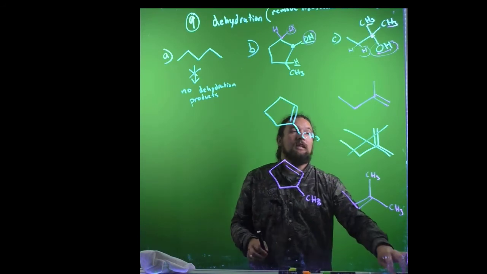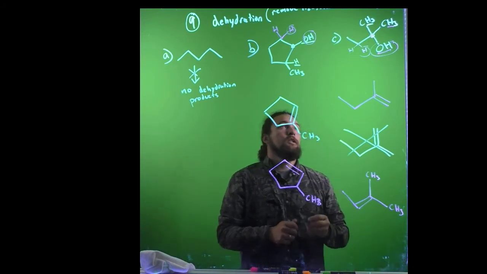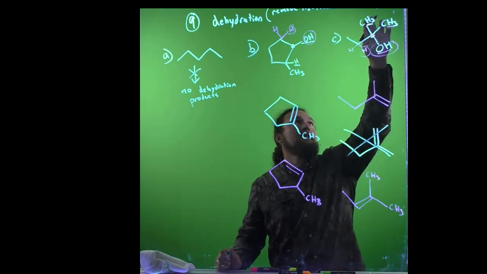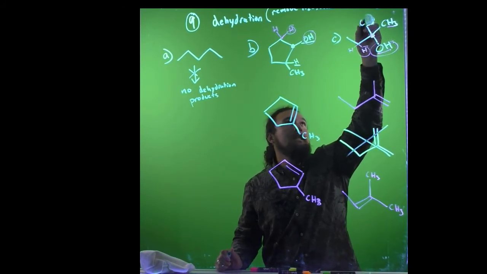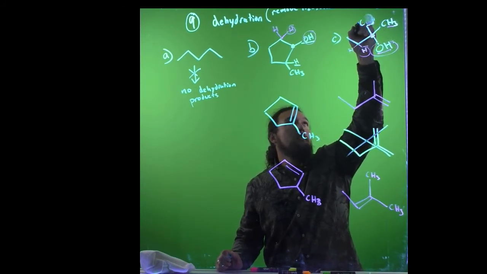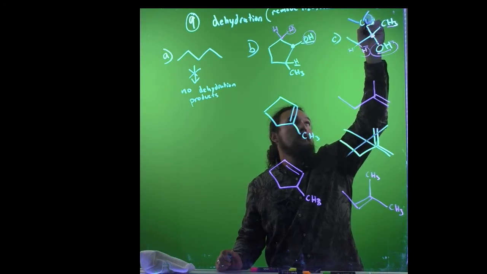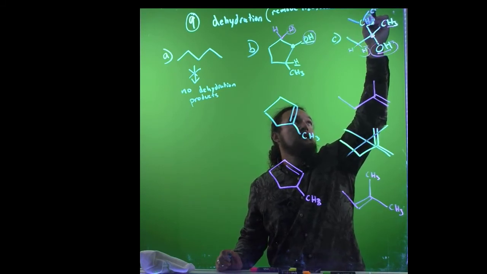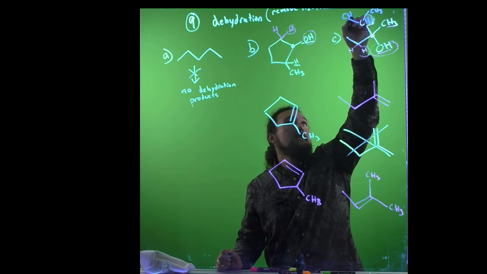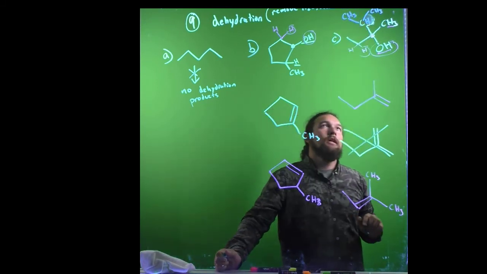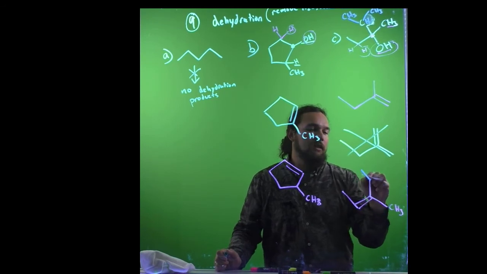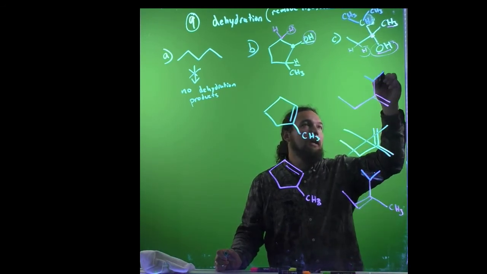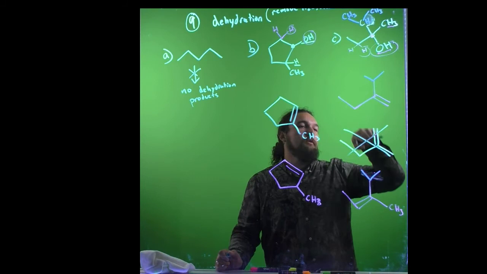Let's just say, for example, that we change this problem up and instead of a methyl right here, we had an isopropyl group. Okay, so this is a CH, this is a CH3, this is a CH3. In that case, this thing up here would be a CH3, and we're leaving that isopropyl there.